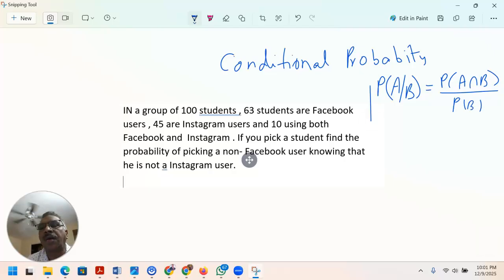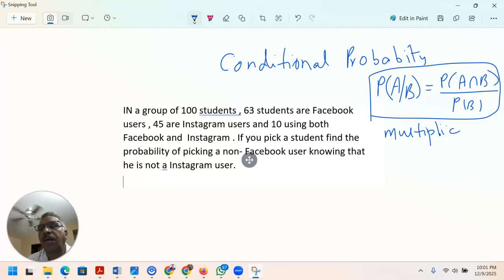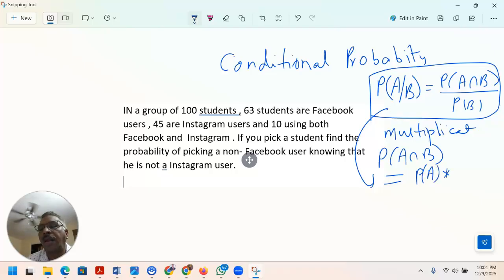So this is the conditional probability rule. The multiplication rule of probability is the same thing written in an equivalent form: probability of A and B is the probability of A occurring, and then the probability of B occurring when you already know that A has occurred.